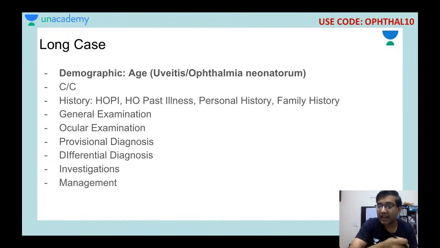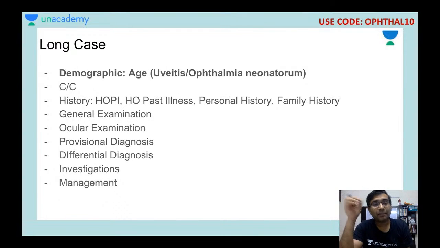If he is a young adult and he is having back pain, then there can be uveitis. Nowadays the patient sometimes has a red eye because of COVID also. So you ask the patient whether they are in a place where there are lots of coronavirus cases. If the patient says yes, then conjunctivitis can be the first feature of the COVID infection.